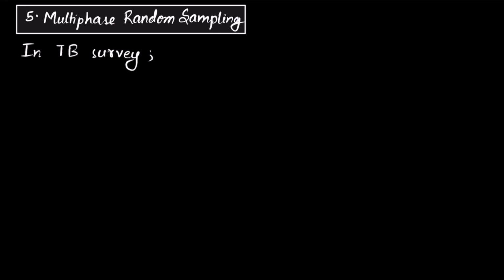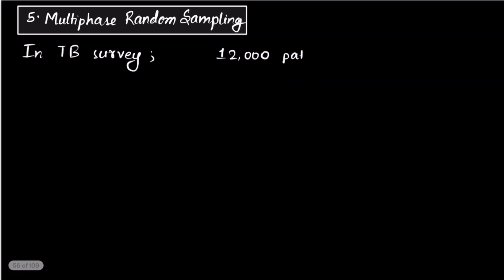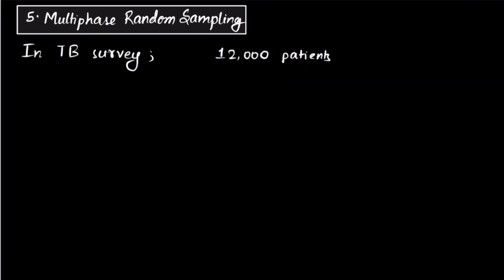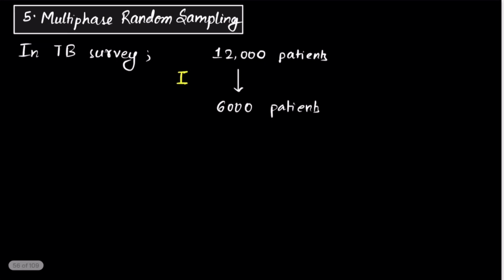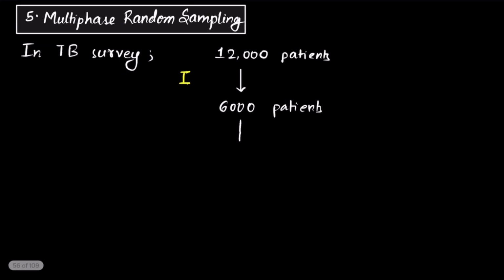Let's say the hospital receives a total of 12,000 patients a day. Out of these 12,000 patients, a total of 6,000 patients are selected for the survey in the first phase. Out of these 6,000 patients, the Mantoux test is carried out.